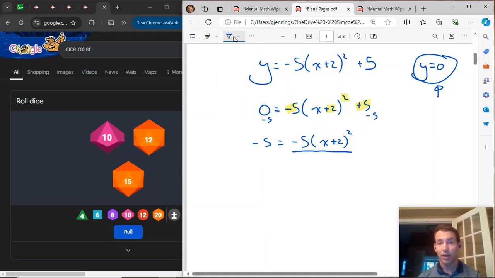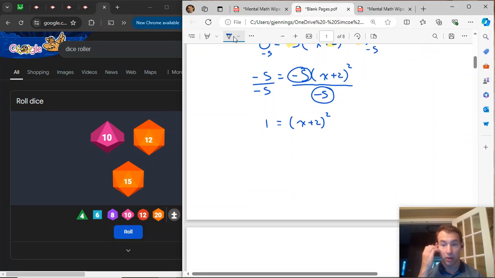Then I'm going to go ahead and divide both sides by negative 5 because I'd like to cancel this away. So then that gives me 1 is equal to x plus 2 squared. Now we're going to go ahead and take the square root of both sides.